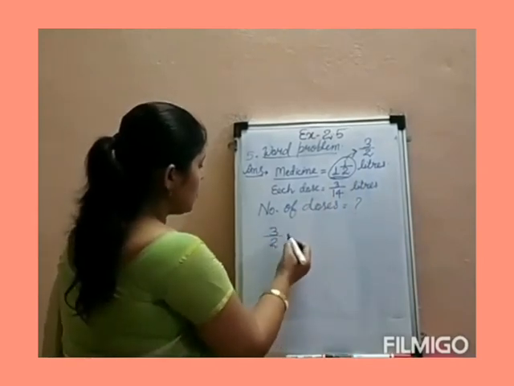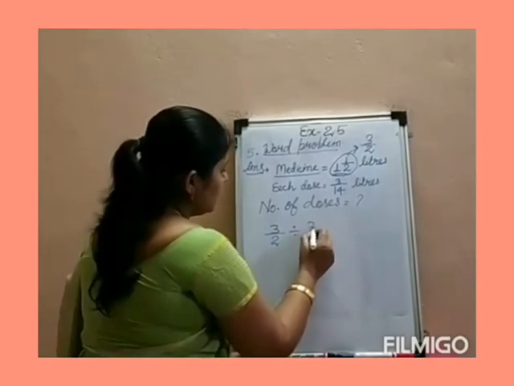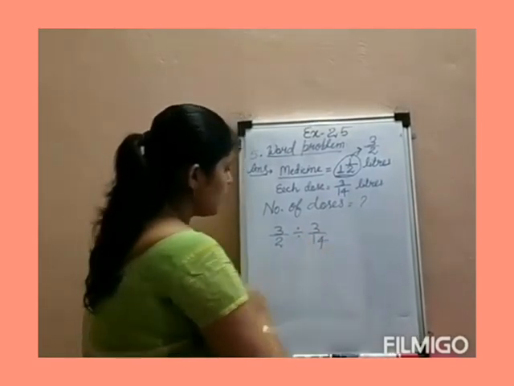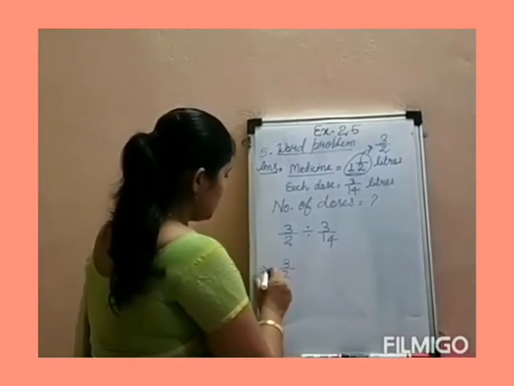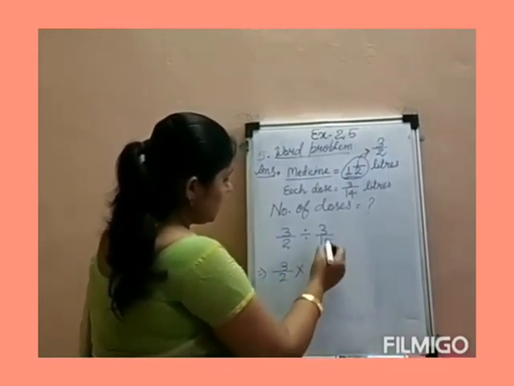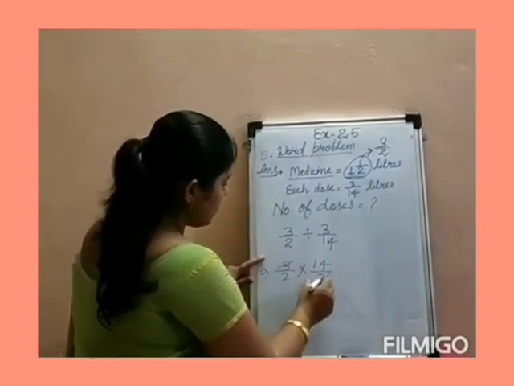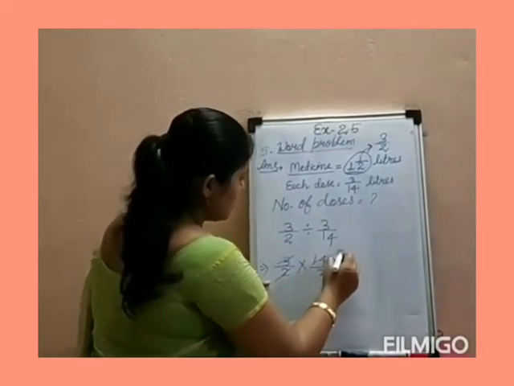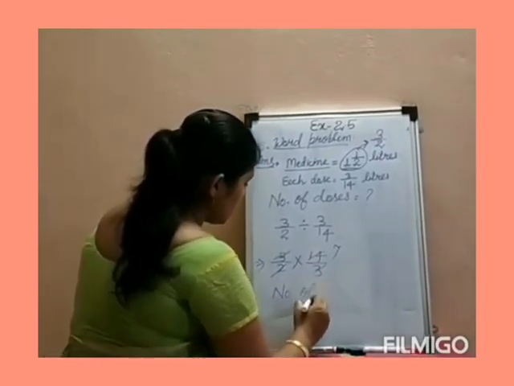So total quantity of medicine is 3 upon 2, each dose 3 upon 14. Let's solve this. 3 upon 2 multiplied by 14 upon 3. 3 cancel by 3 and 2 sevens are 14.